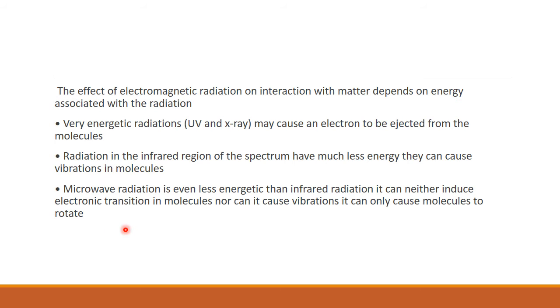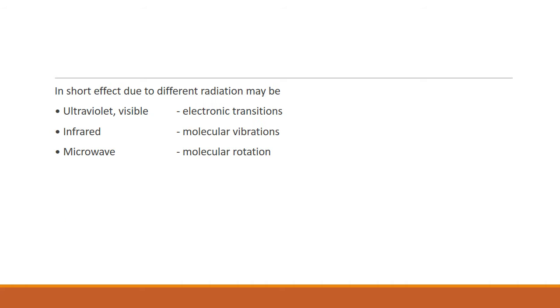When you go down further, microwave radiation is even less energetic than infrared, which neither induces an electronic transition, that is, ejection of electrons or a variation in electronic state in molecules, nor changes the vibration, but it changes the way in which the molecules rotate.